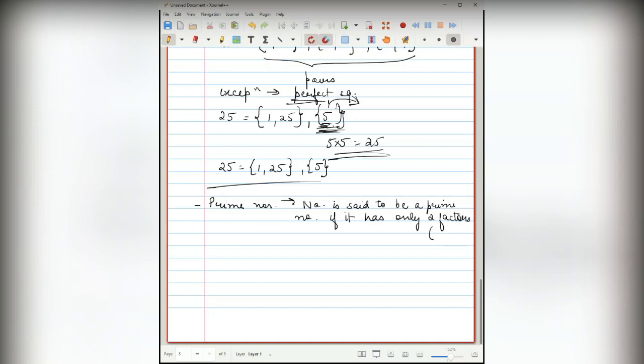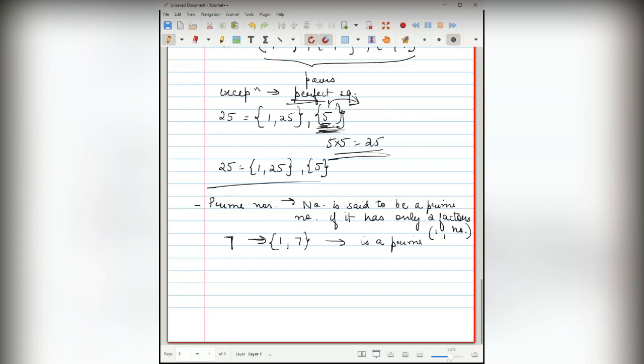The factors will be 1 and the number itself. So let's see 7. Is there any factor of 7? No. 7 can be divided only by 1 or 7 itself. It has no other factor. So we say that 7 is a prime.